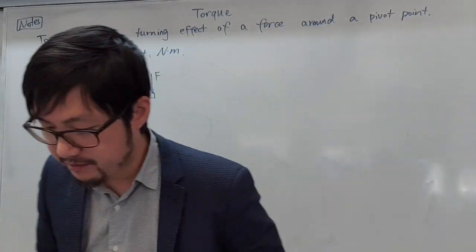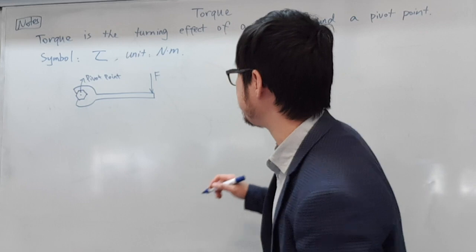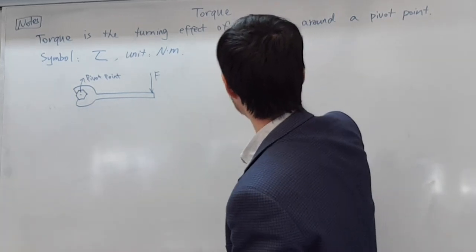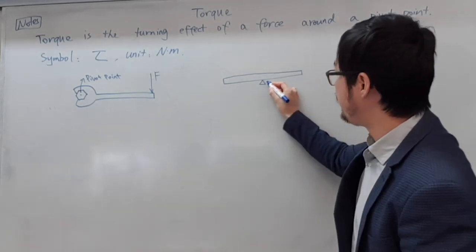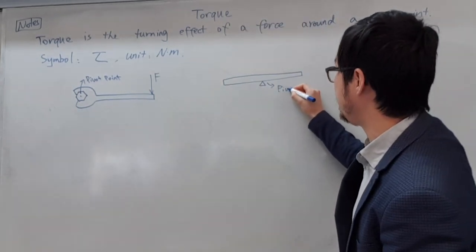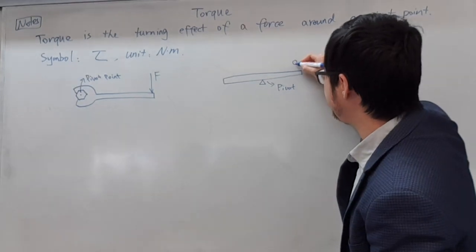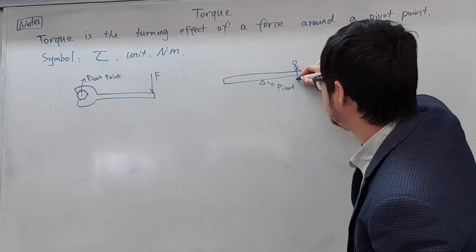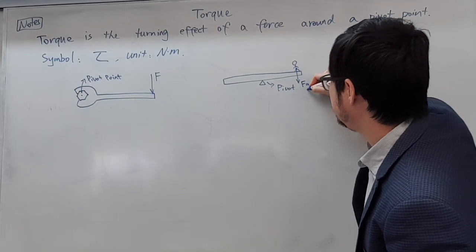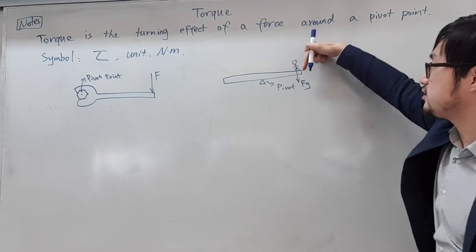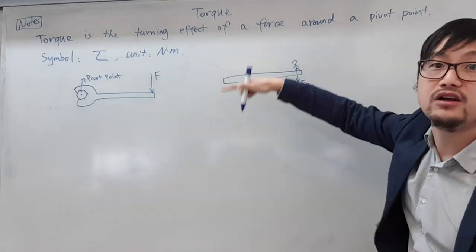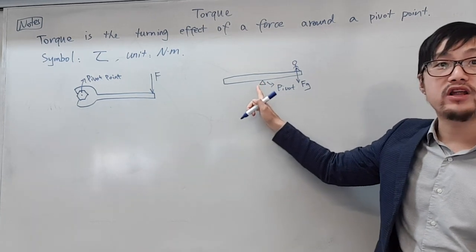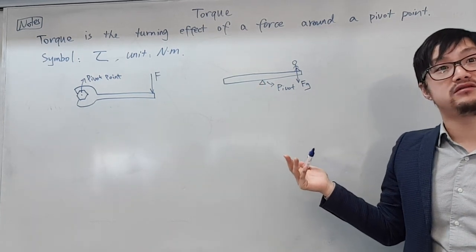Okay, so another typical example of this will be a seesaw situation. Say you have a seesaw, so the middle over here is where the pivot point is. And if you have a person standing over here, this person has a weight force, and this gravity force or weight force pushes this thing, it's going to make it rotate along this pivot point. So in order for it to not rotate, what do you need to do?